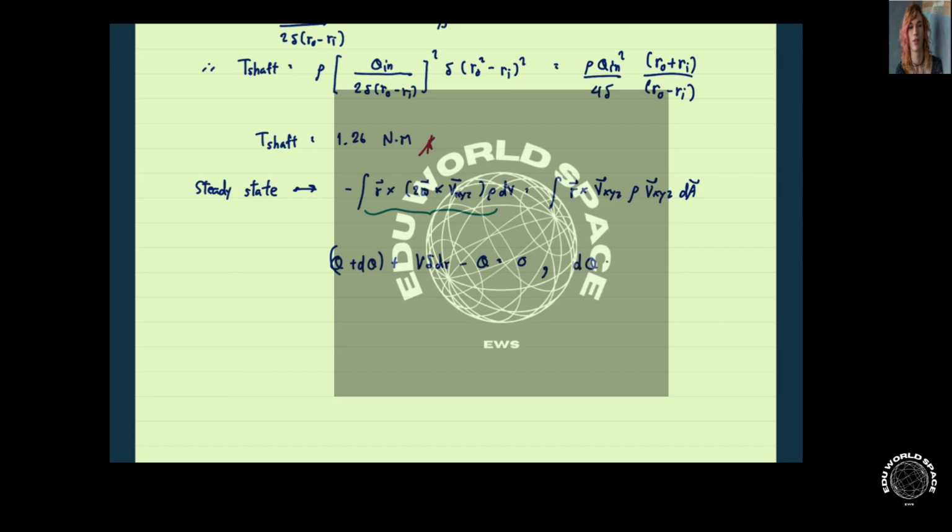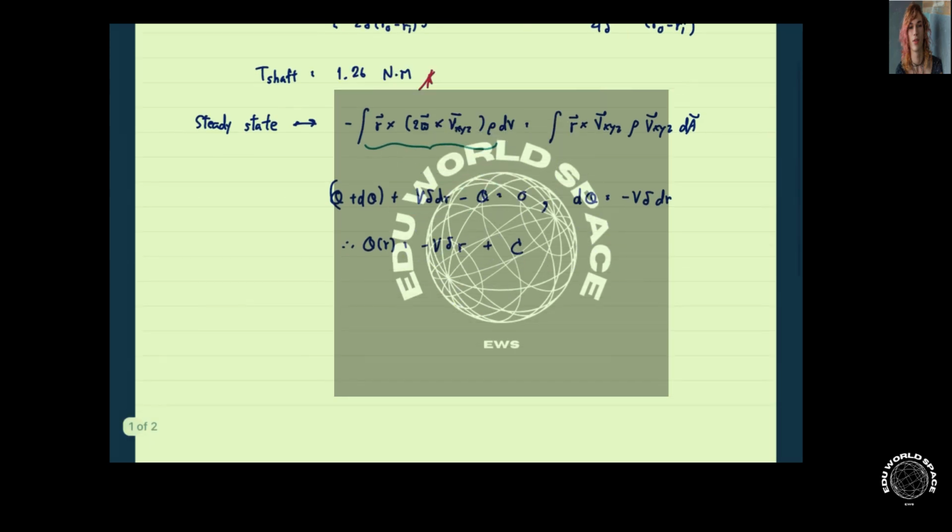That leaves dQ equals minus V del dr. So Q will be minus V del R plus some constant, and at inlet R equals Ri, so Q is Qi, that is Q in over 2.